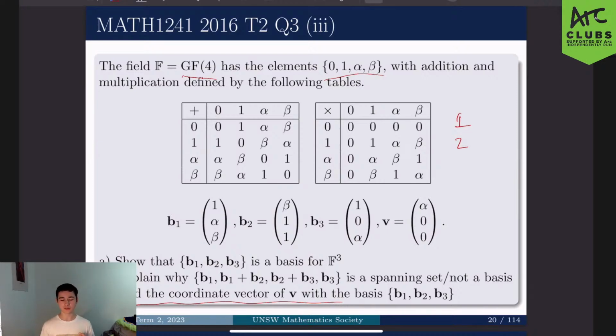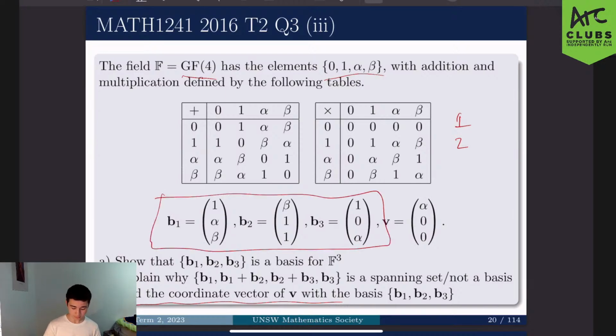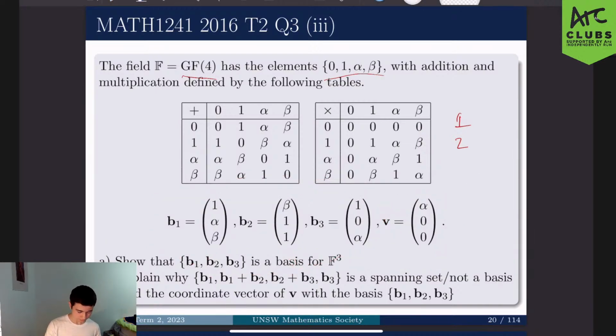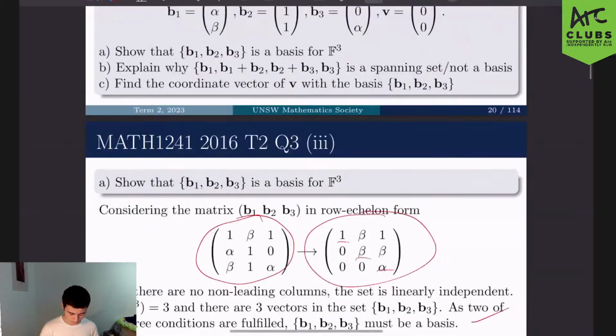All this is asking us to do is to find the coefficient vector, okay, that we obtain when we augment v with this matrix, okay? So we're just going to solve for v using b1, b2, and b3 and look at the coefficients we get for these 3 vectors, okay? All right. So we're going to do that.